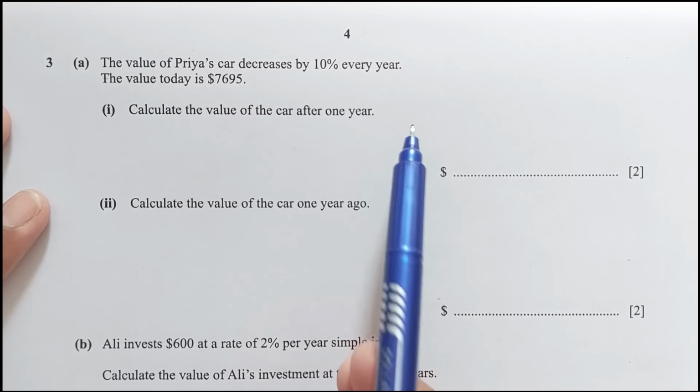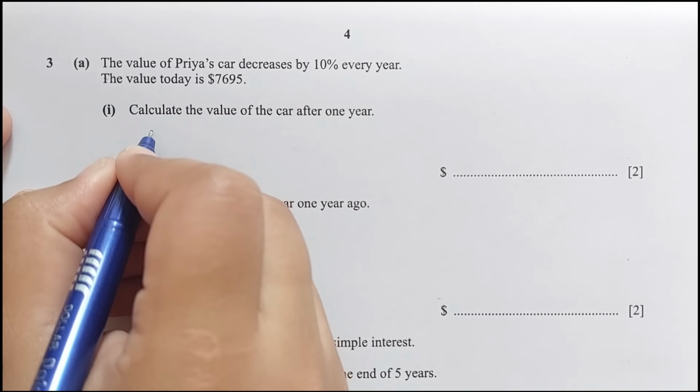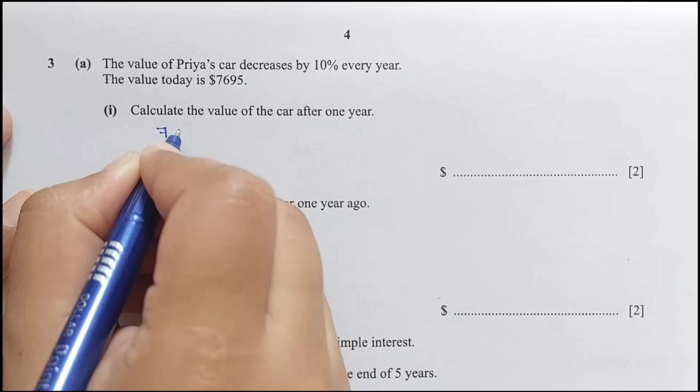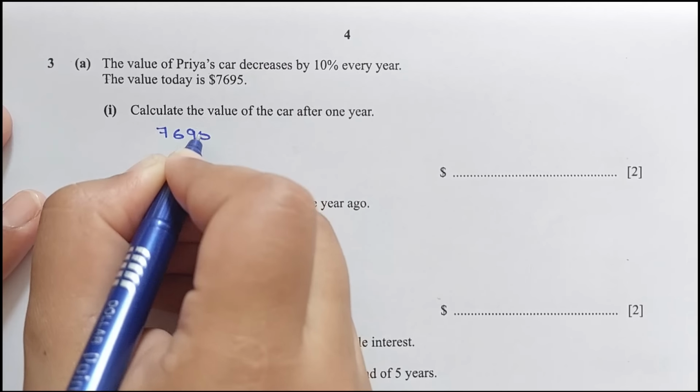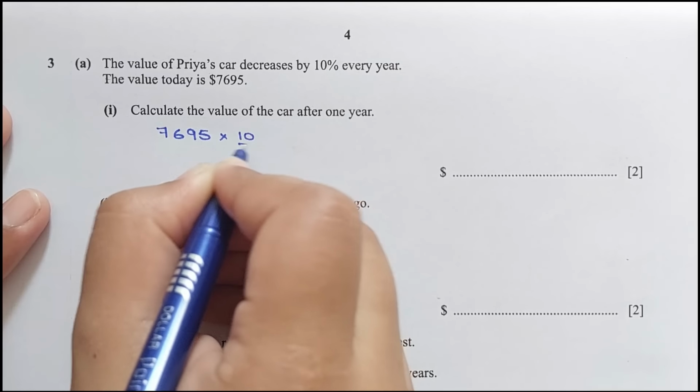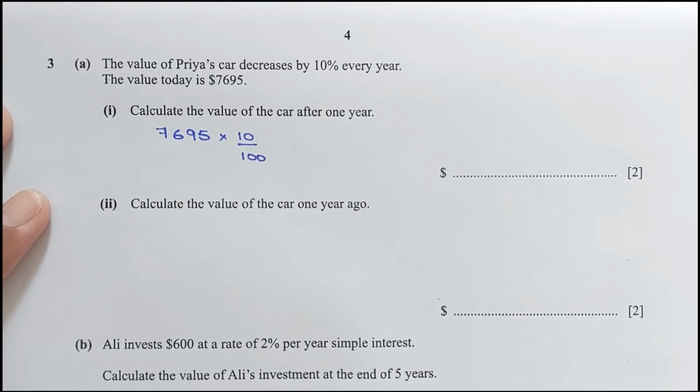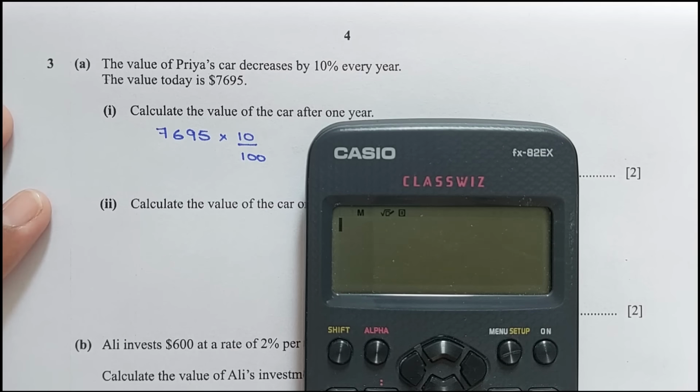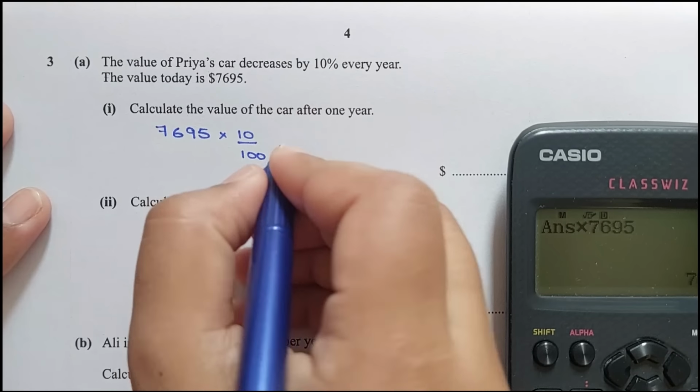So for 1 year, we need a decrease of 10%. What is 10% of 7695? That is 769.5.